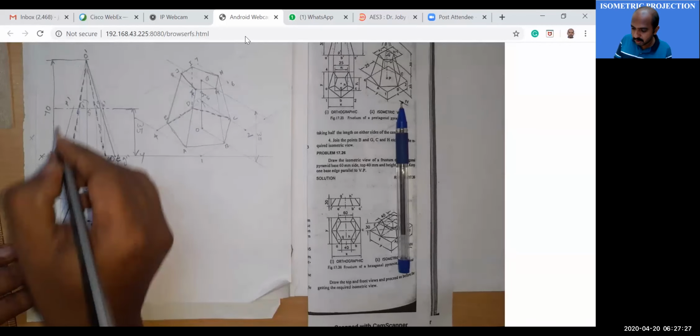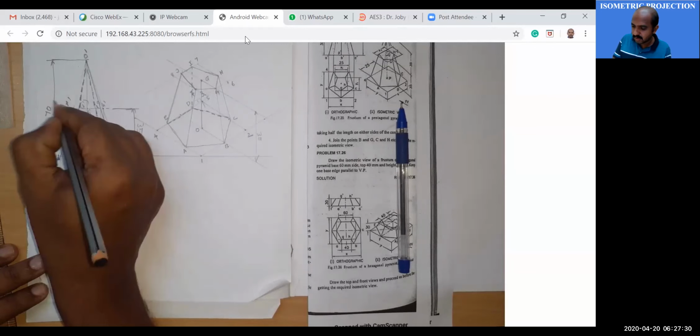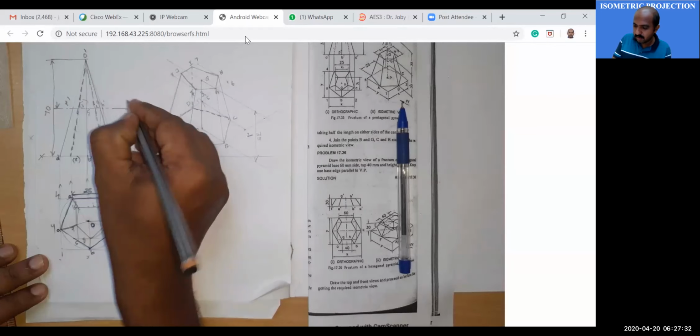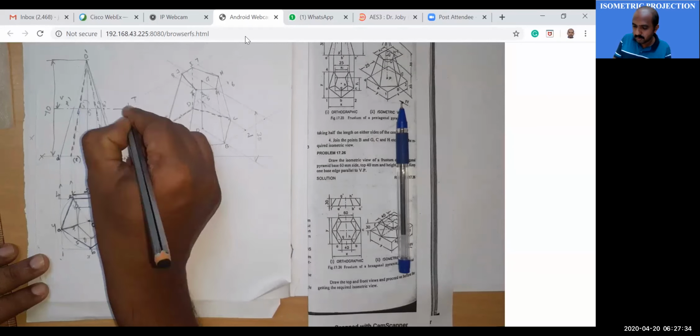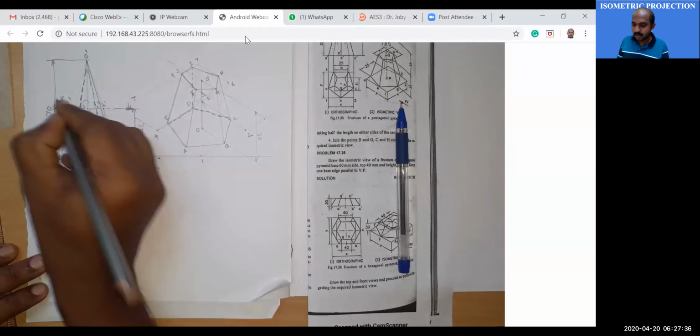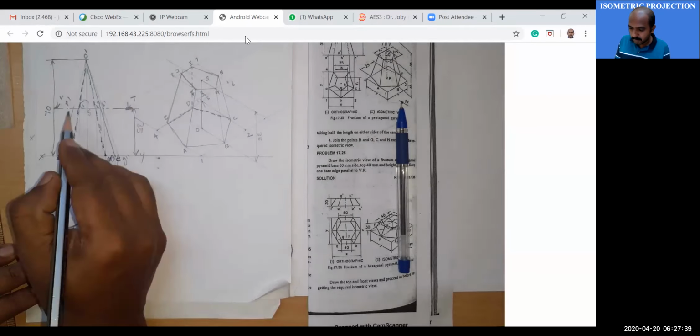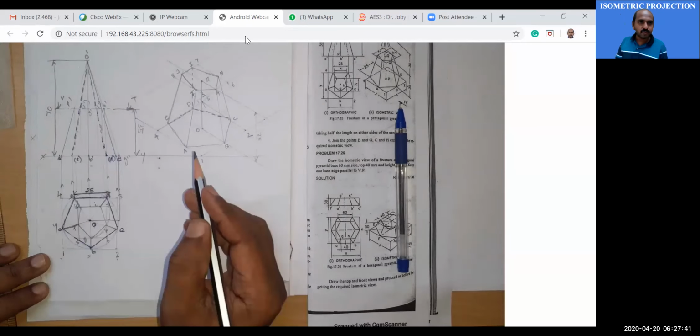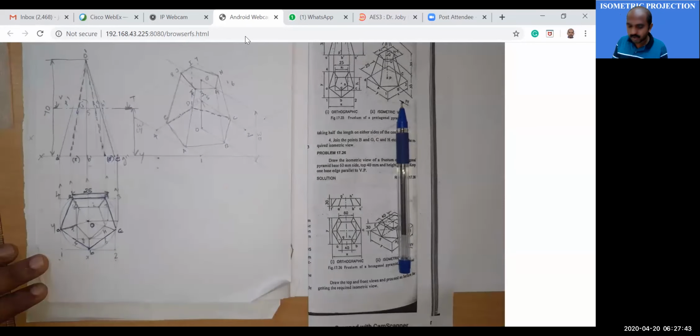Now you can draw the cutting plane, which we represent as VT, the cutting plane. At the end points, you can mark it. As the cutting plane is parallel to the XY line, it cuts the edges at different points.